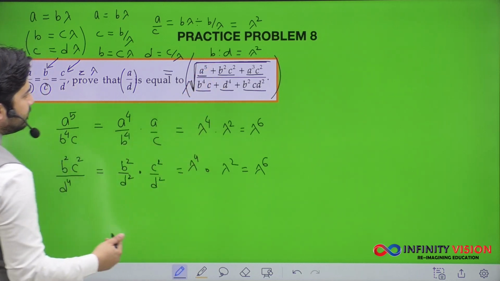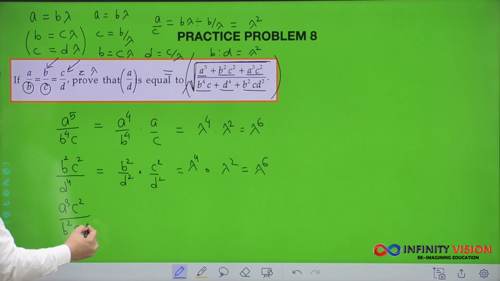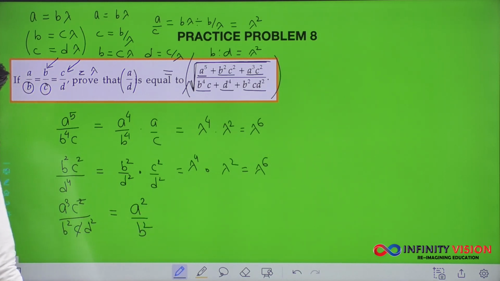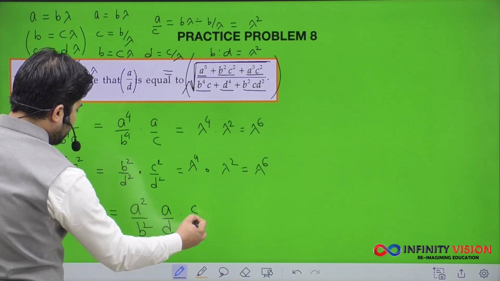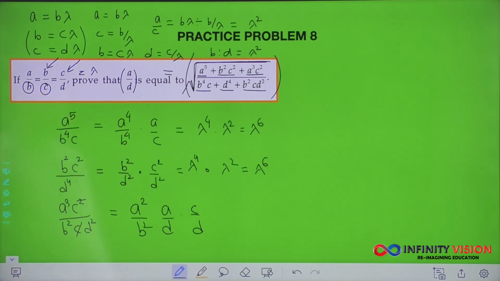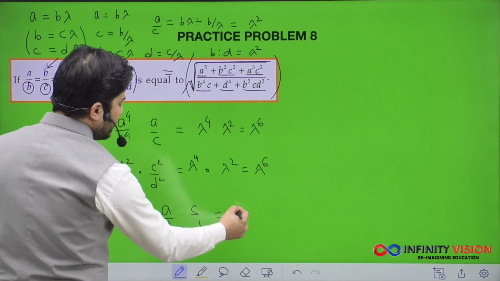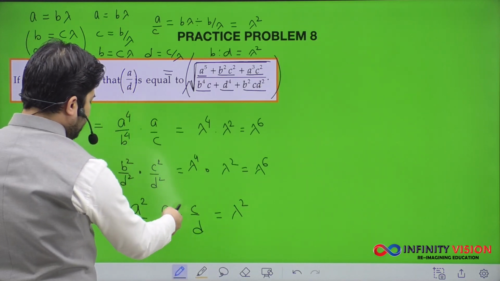What about the third term? That is a cube c square upon b square c d square. So I can simply cancel c with c square. I'll get a square upon b square into a upon d into c upon d. Now a square upon b square is nothing but lambda square. Now how are we going to find a upon d?